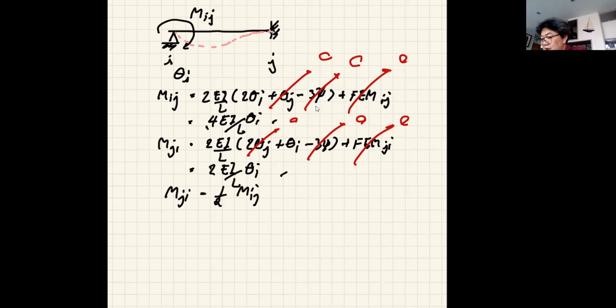You compare these two values and you see that MJI is only half of MIJ, which means that whatever MIJ you have, let's say your system has MIJ, it will cause MJI to occur at 50% of MIJ always. So from this, we can say that whenever there's a presence of MIJ, there will be 50% of MIJ on this side.